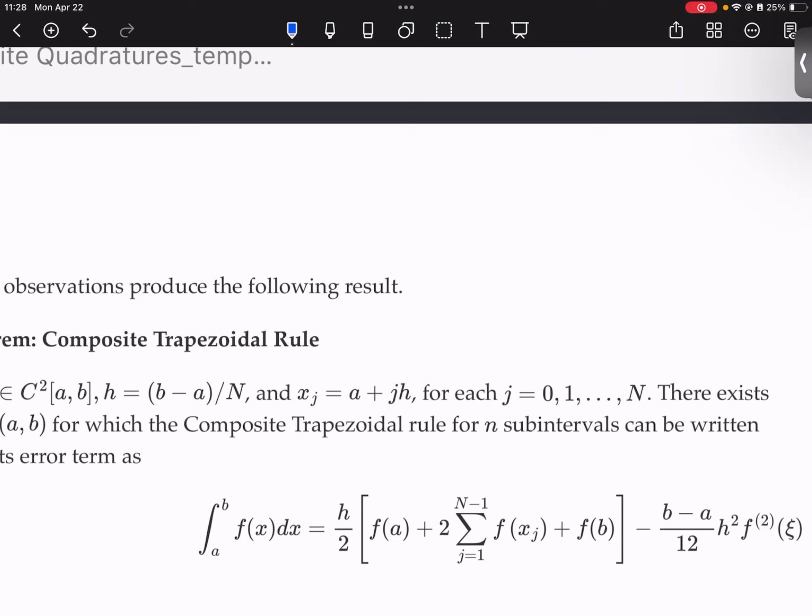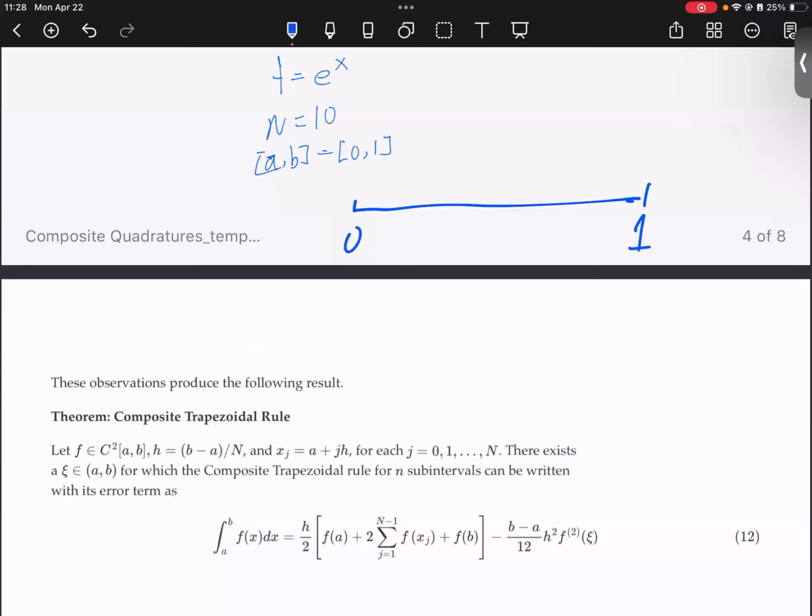What you need to do is first get the node points. Because n equals 10, the h size equals 1 minus 0 divided by 10, and that is 0.1. Then your node points are x0 equals 0, x1 equals 0.1, x2 equals 0.2, and so on and so forth.